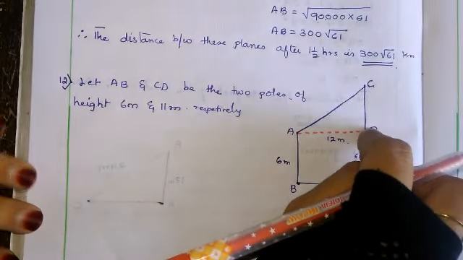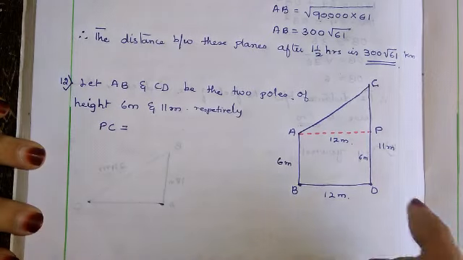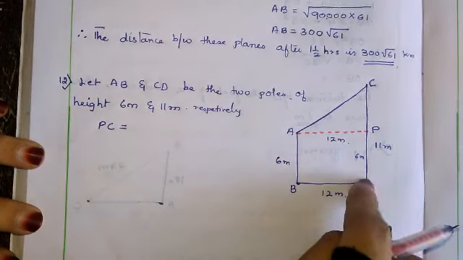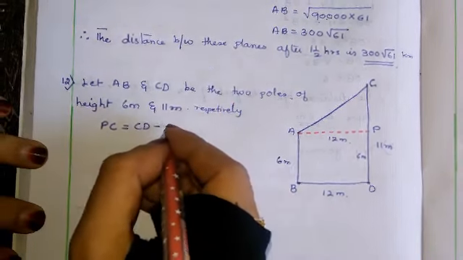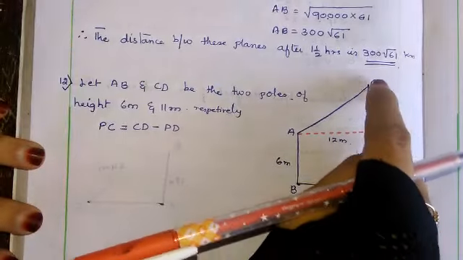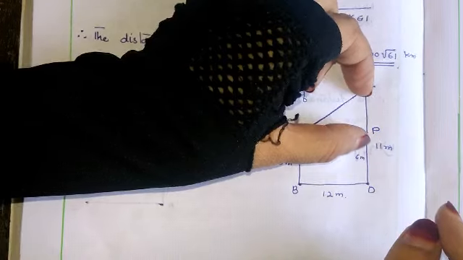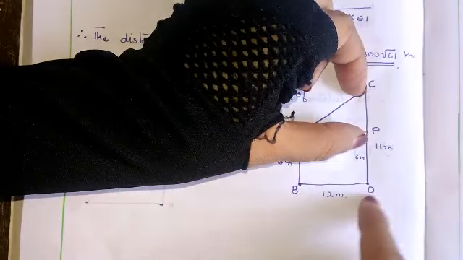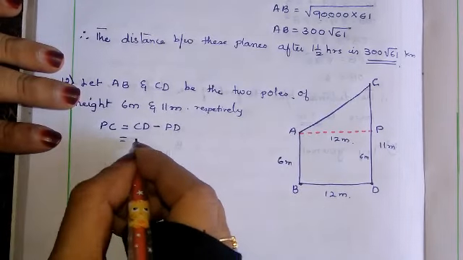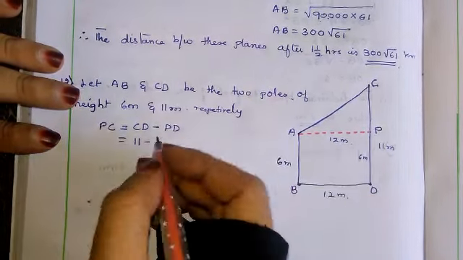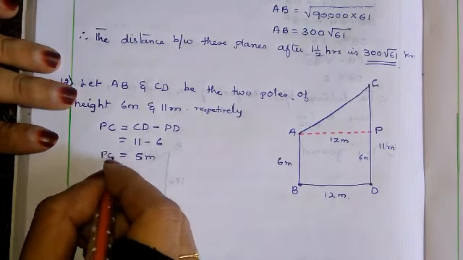We want PC also, but how will we get PC? PC is equal to, from CD, the full, what we have to remove? PD we have to remove. I'll say one more time, CP we need, this part we need, from the full part we need to remove PD. CD they have given 11 and PD is nothing but 6. 11 minus 6 is 5. So 5 meter we got PC.